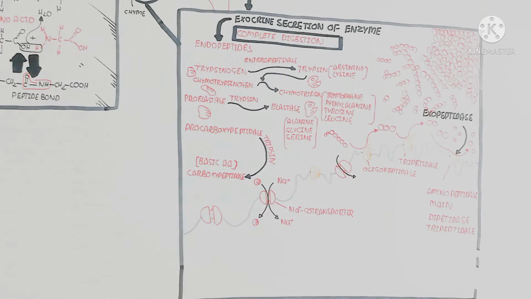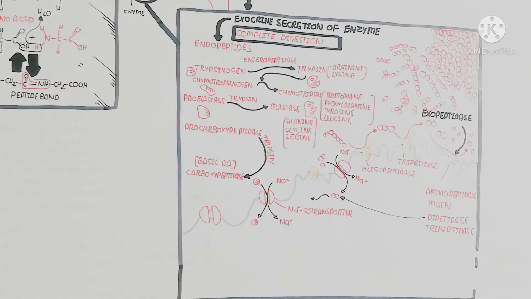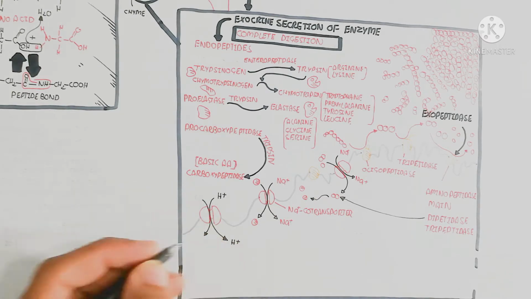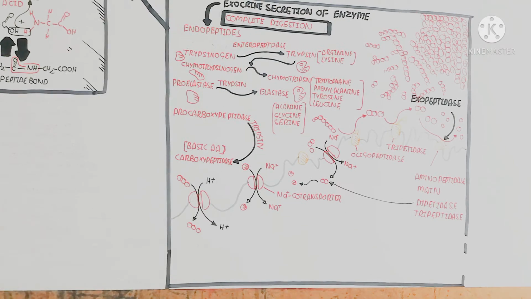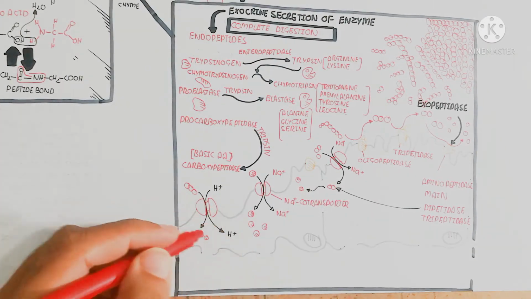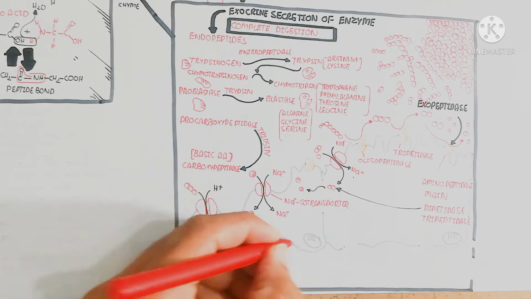So here is the sodium co-transporter channel which allows one amino acid or two amino acids to move inside. One more important thing is that the hydrogen ion, the proton, is also required for the influx of the amino acid. So here you can see the dipeptidase and tripeptidase enzymes are also present inside the enterocyte, which further hydrolyze the peptide bond.